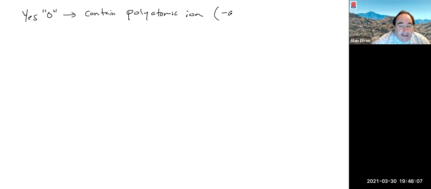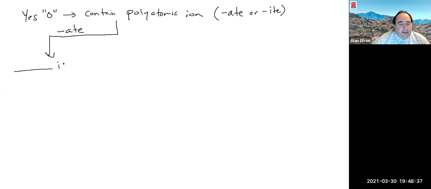They either end in ate or ite. Because they will be part of your acid, how we name the acid is based on whether the polyatomic ion ends in ate or ite. If the polyatomic ion ends in ate, then the acid name will be something-ic acid.